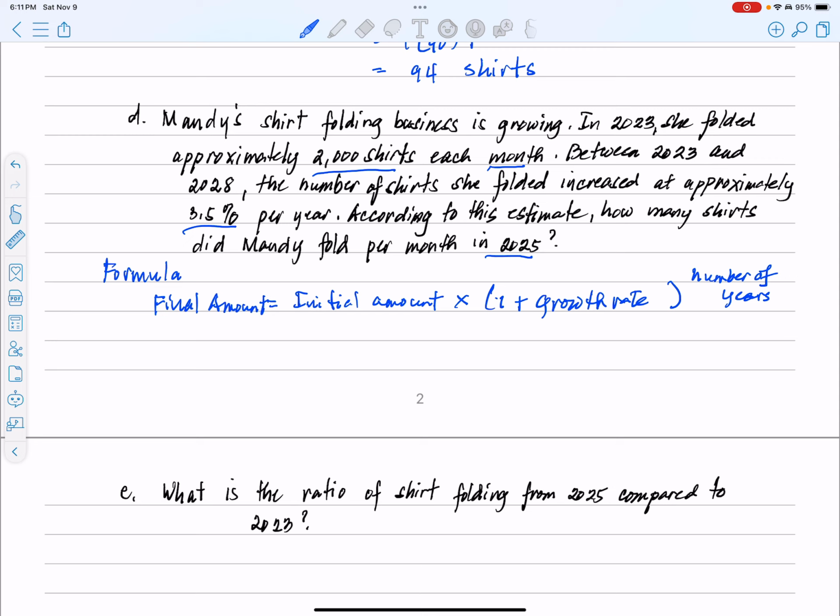Okay, so the initial amount is 2,000 shirts. It happened in 2023. So the growth rate is given as 3.5%. What else is given? This is 3.5% per year.